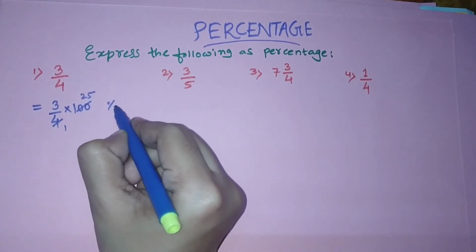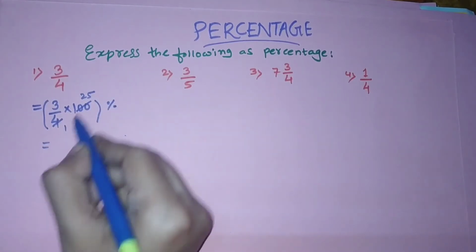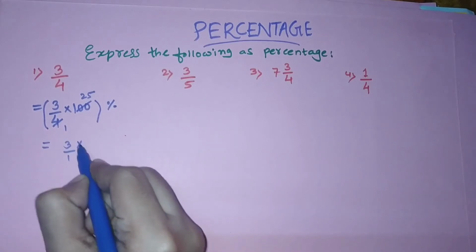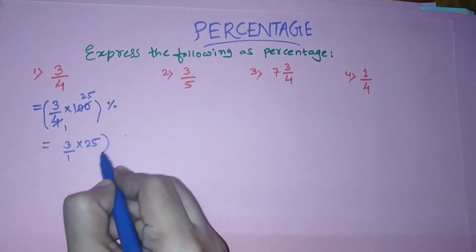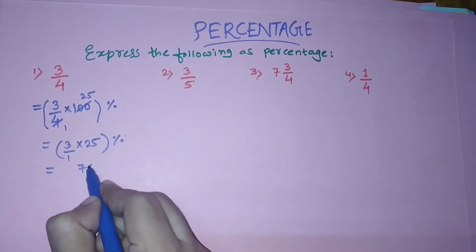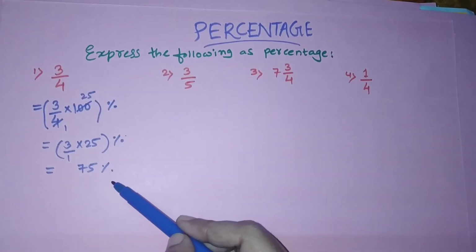Whatever answer comes from this fraction, it becomes a percentage. 3 times 25 gives 75%. So 3 by 4 you can express as 75%.